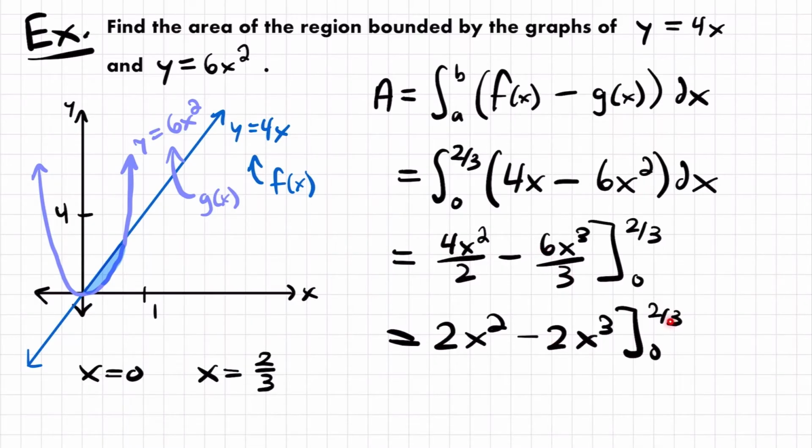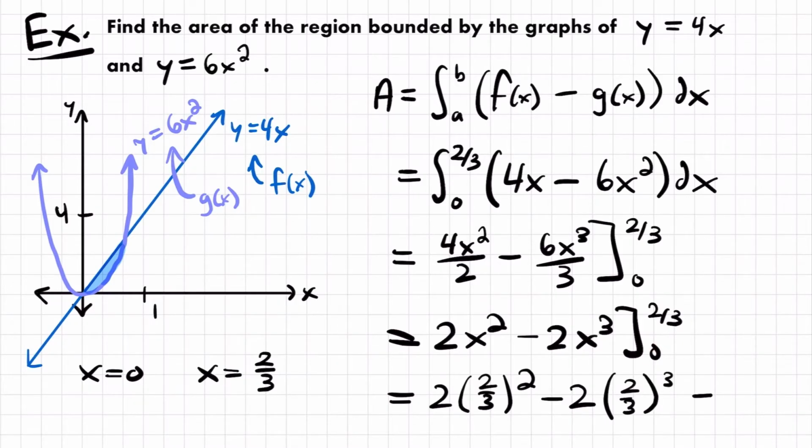And so now if we plug in 2/3, we will have that this is equal to 2 times 2/3 squared minus 2 times 2/3 cubed. And then we want to subtract plugging 0 into this expression. But note if we did that, 2 times 0 squared is 0, and 2 times 0 cubed is also 0. So we're really just subtracting 0, and that's not going to affect the rest of our calculation.